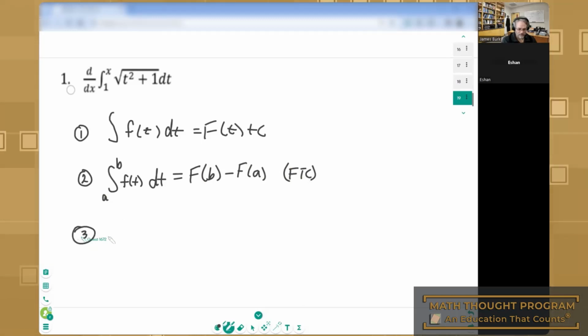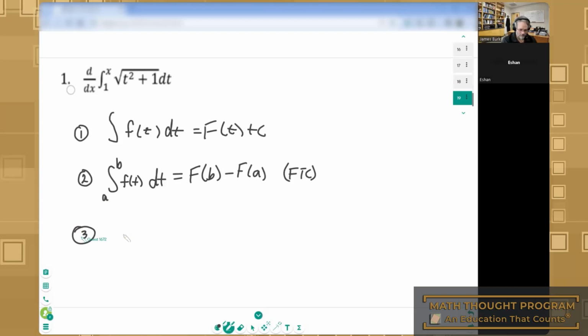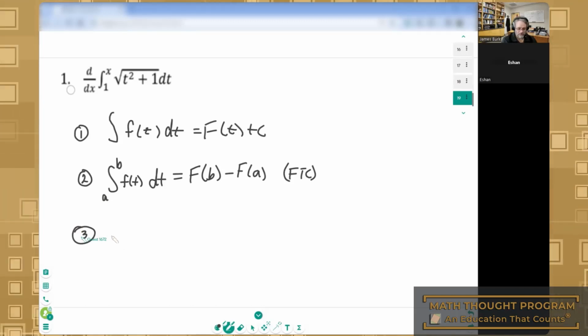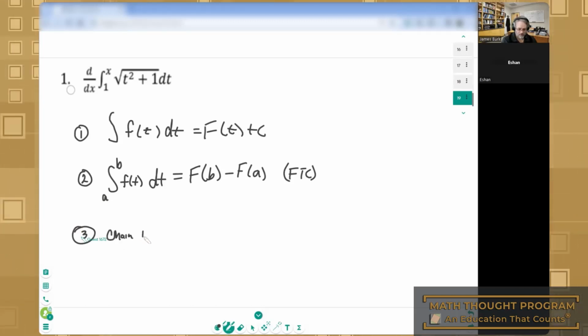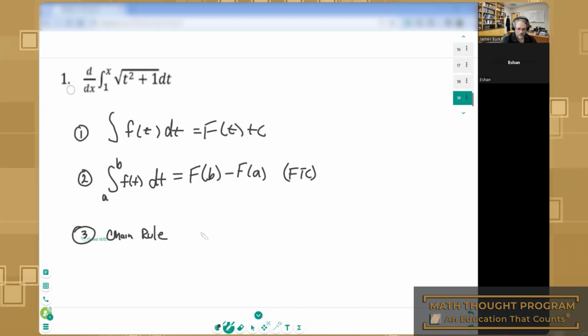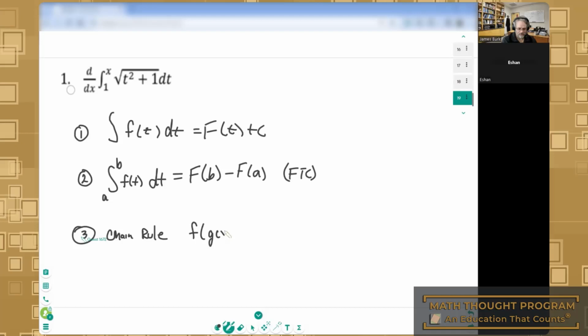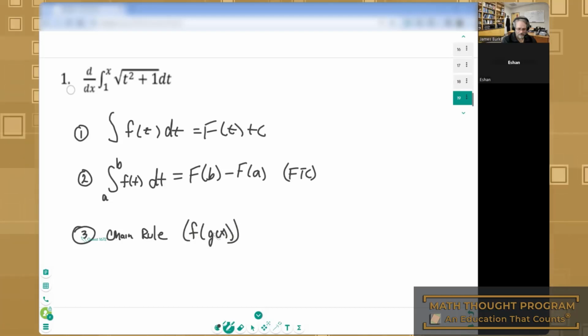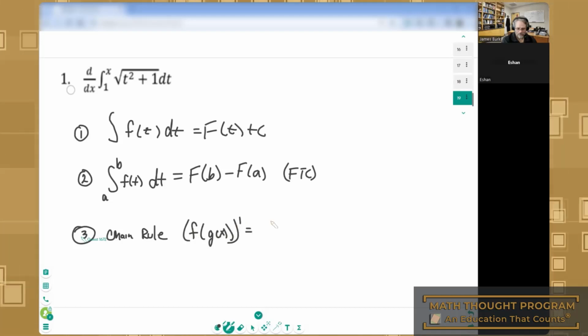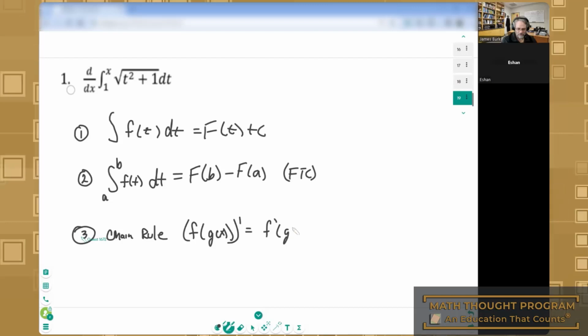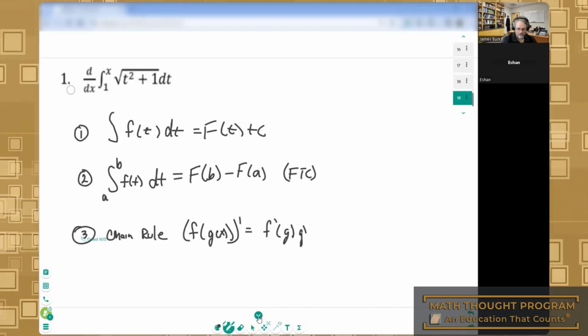Then for the next thing, there's another property out there, and it's known as the chain rule of differentiation. And remember what that stated. You're looking at function compositions like f and g. You're going to take the derivative. You're going to get your f prime, plug in your g, and then g prime.